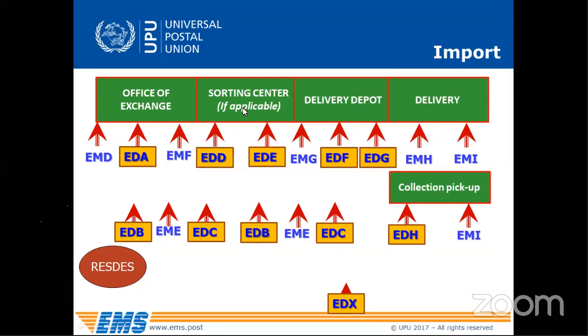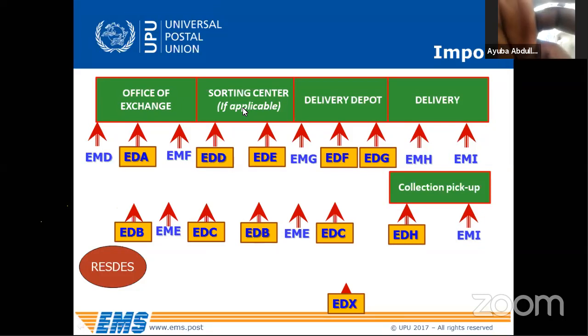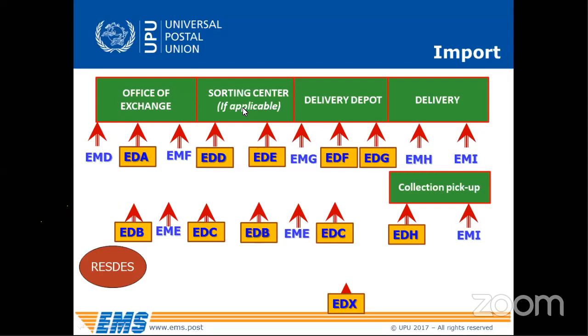Then the next cubicle there is sorting center, if applicable. In some situations, we have a sorting center where items will be sorted. But if you don't have a sorting center, you move directly to delivery office. In this wise, when an item leaves RMPC, it will move to Shomolu.